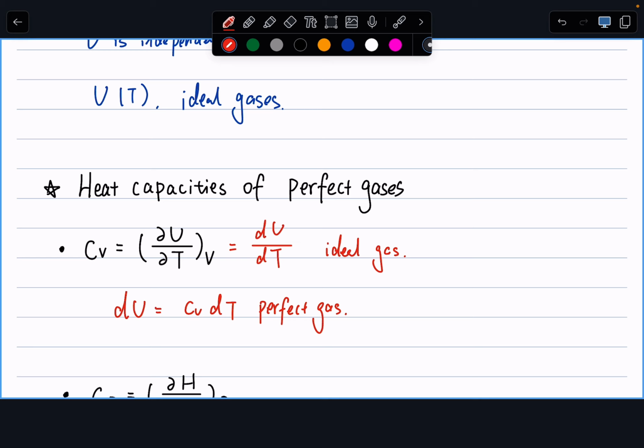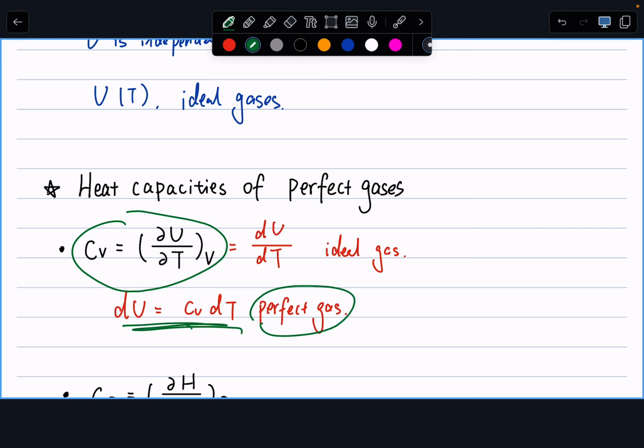Just really quick, if the problem doesn't specify ideal gas, then we just use our original definition of Cv? Yes. If the problem doesn't specify ideal gas, you can use the original one. If the problem specifies ideal gas, then the second expression holds. It'll be self-explanatory, it'll explicitly say.